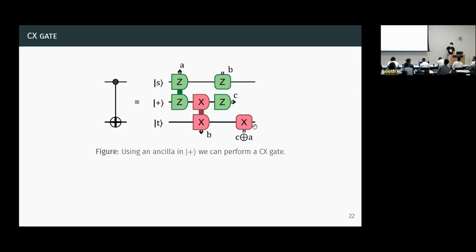So just to visualize, we have this arrow. The measurement outcomes are A, B, and C. They're bits. And then the Pauli corrections are given by this formula, C XOR A, and B.